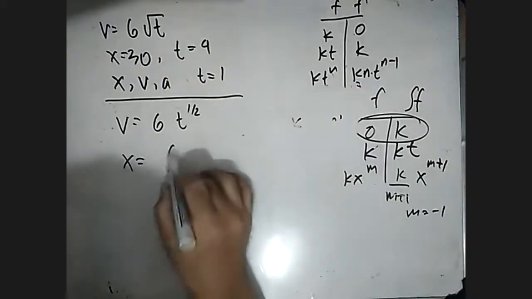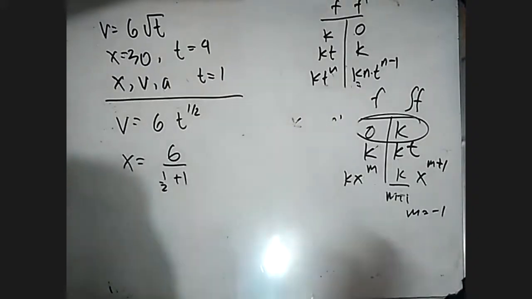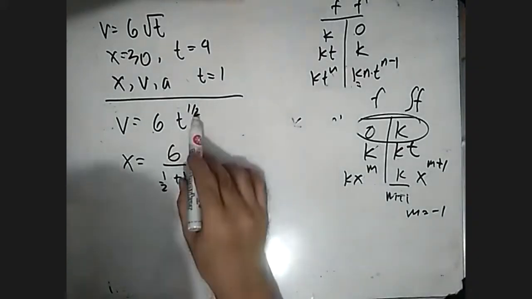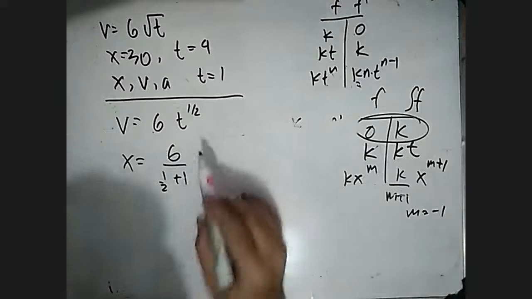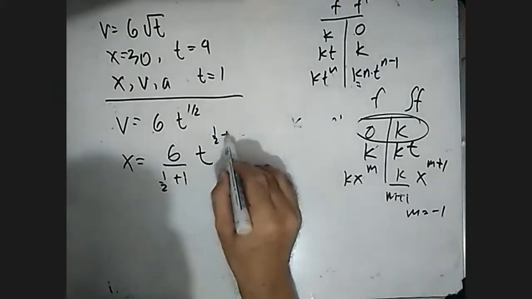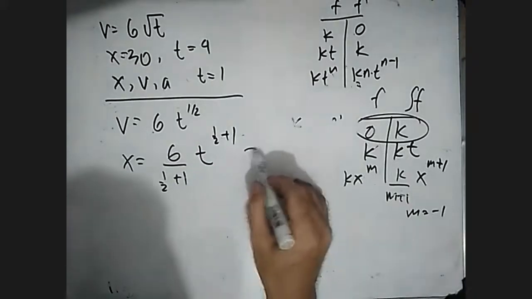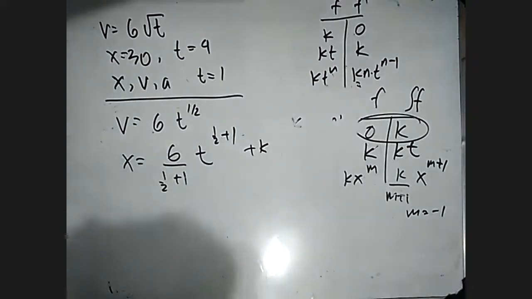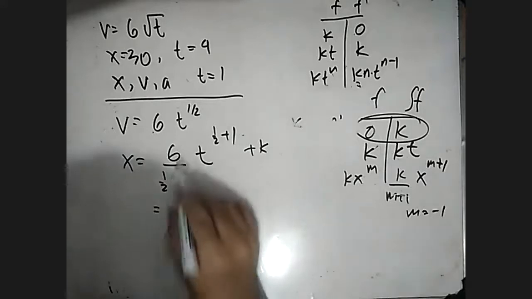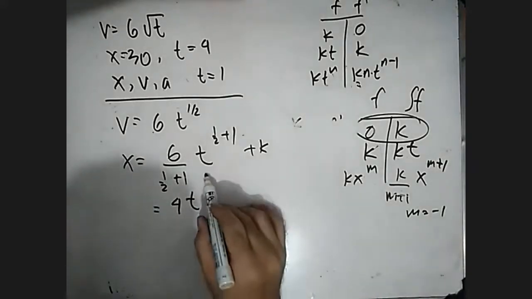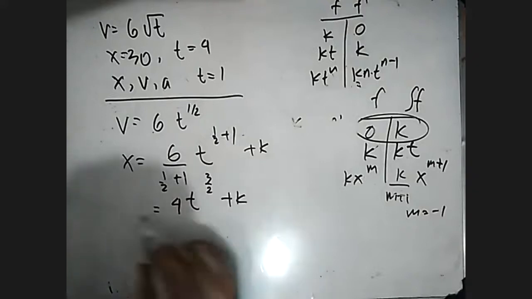So x is 6 over half plus 1, the 6 over m plus 1 to the power of m plus 1. Don't forget, that's going to be plus k there. Now, check your calculator. 6 over half plus 1 is going to be 4. T to the power of 3 over 2 plus k, that's x.